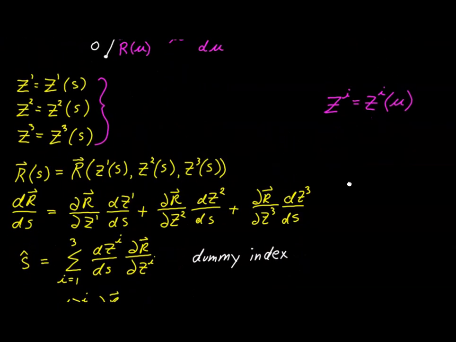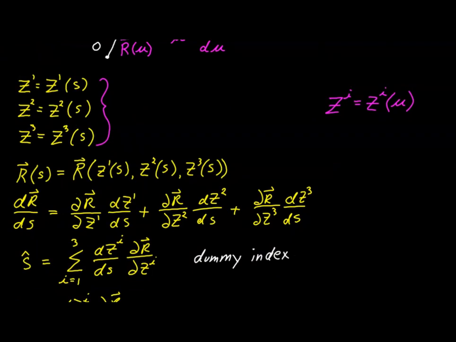Okay, now when I get to this level, I can say that r, which was a function of s, this time it's a function of u, can be expressed as r as a function of z, which is a function of, keep doing the s, this is a u now.